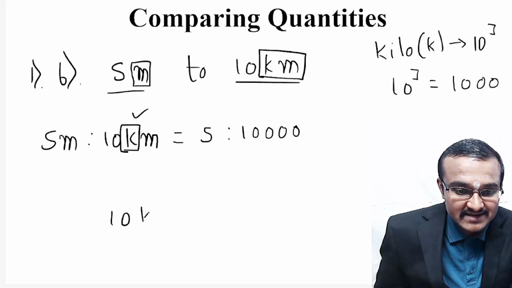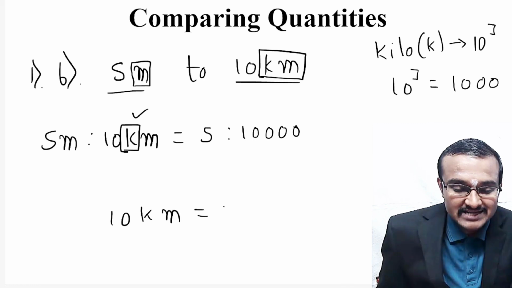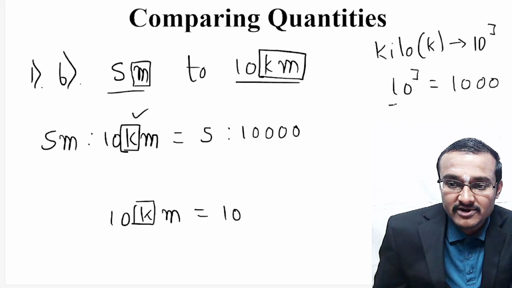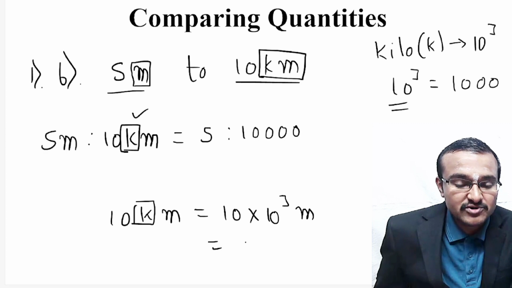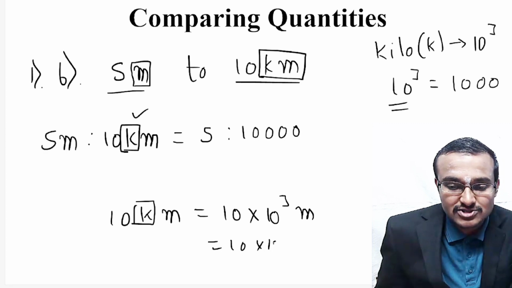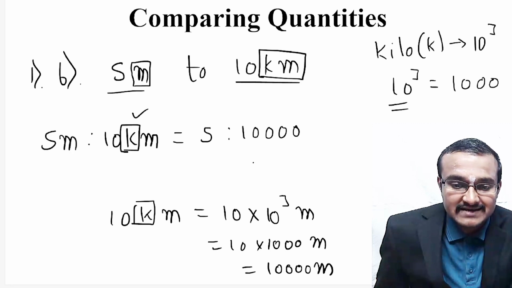So if they are giving 10 kilometer, then you should think of this kilo in terms of 10 power 3. In the place of kilo you can write 10 power 3 meter. So 10 into 1000 meter will be 10,000 meter. That's why I have written 10,000 in this particular place.